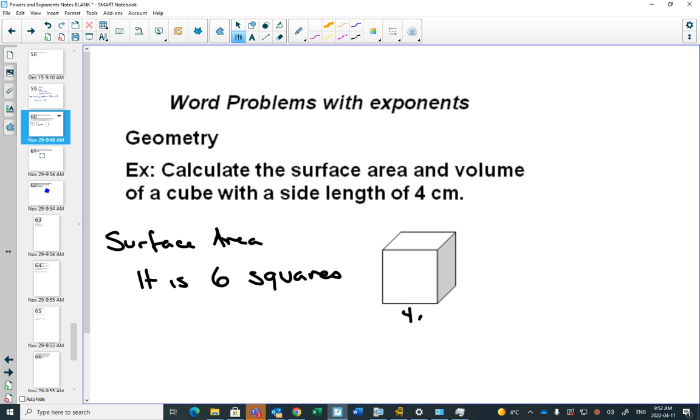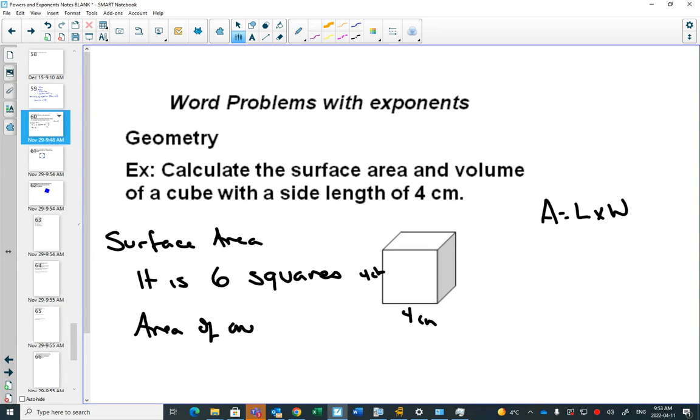Because if we have 4 centimeters here and 4 centimeters here, the surface area is going to be 6 of those squares. And since area is the amount to cover a 2-dimensional size, it's going to be like length times width. You remember learning that? And so if you had 1 square, would you agree that 1 square would be 4 times 4?